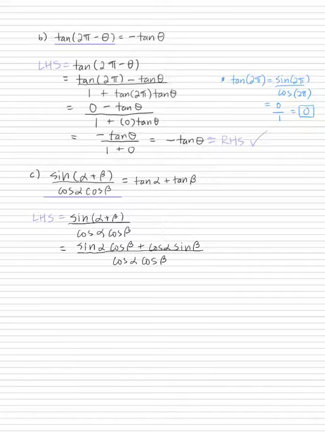All right, now what? Okay, so it looks like we have a plus b over c. This is a over c plus b over c. Let's separate them. So this is sine alpha cosine beta over cosine alpha cosine beta plus this.